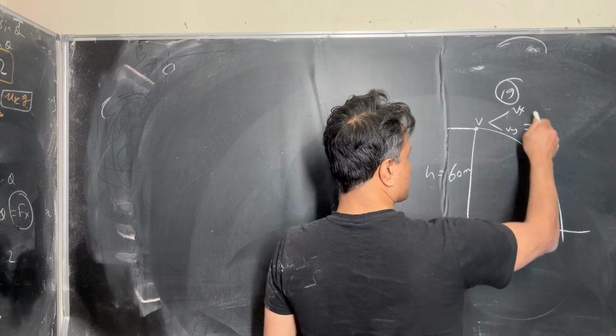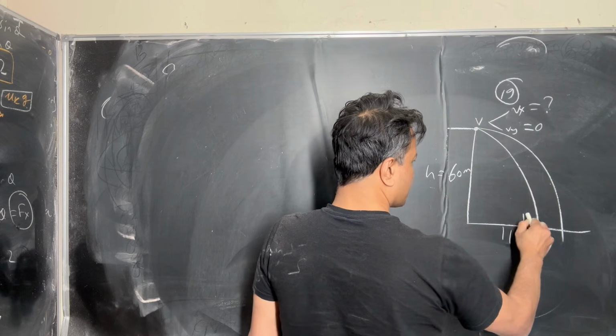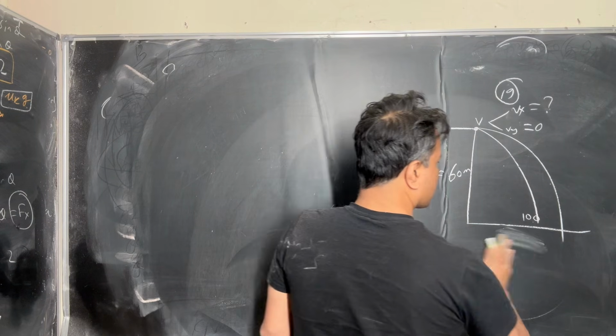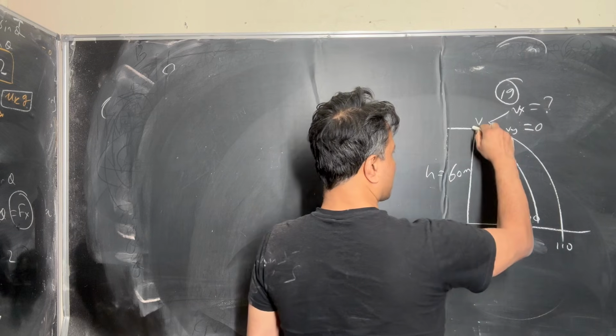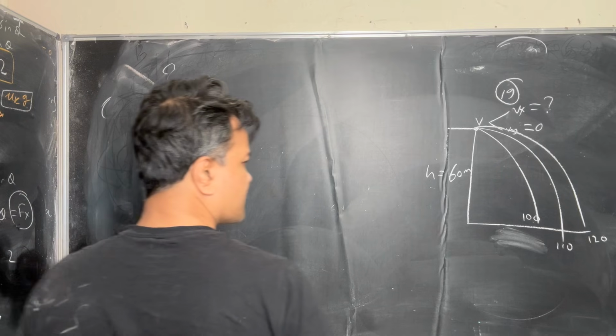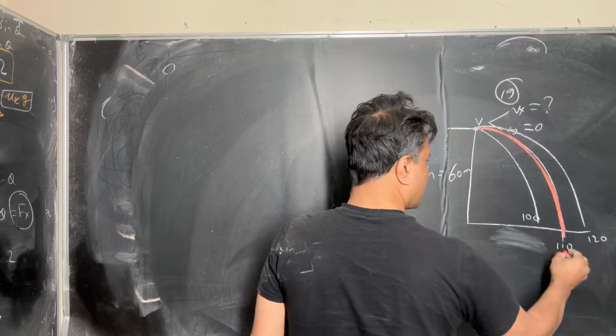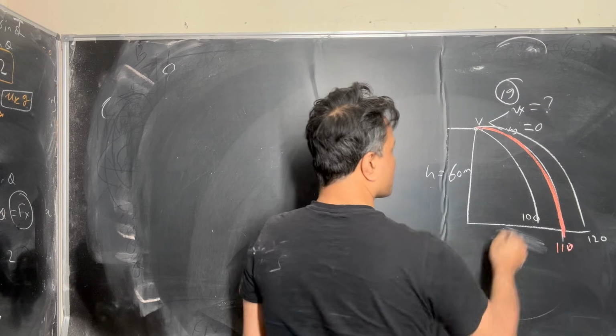What should be the Vx? So you don't land at 100, or you don't land at 120. You land exactly at 110. What would be the Vx?